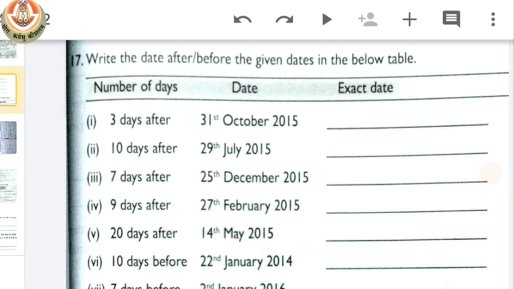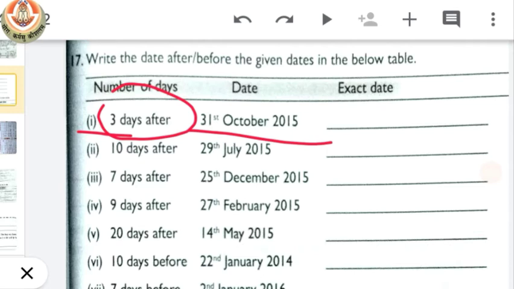Now in the next question, we have to write the day after and before, means according to the given question. For example, in first part you can see that we have to answer 3 days after the given date, which is 31st of October 2015.